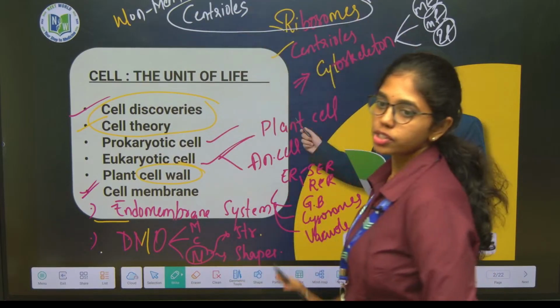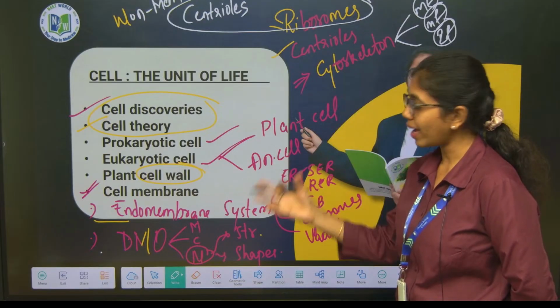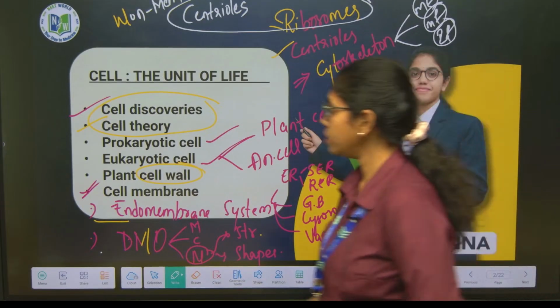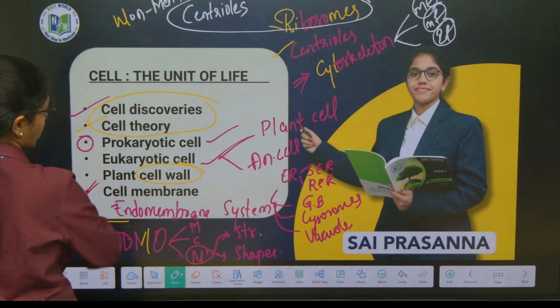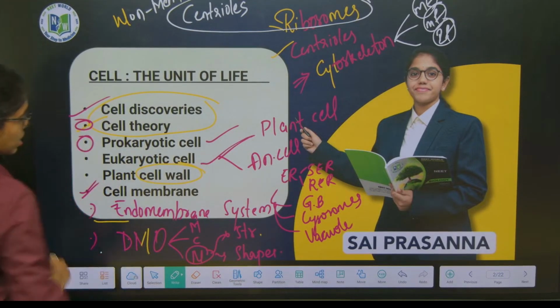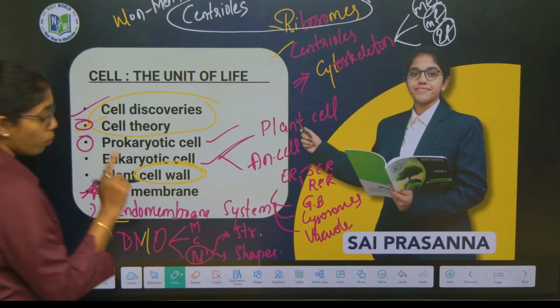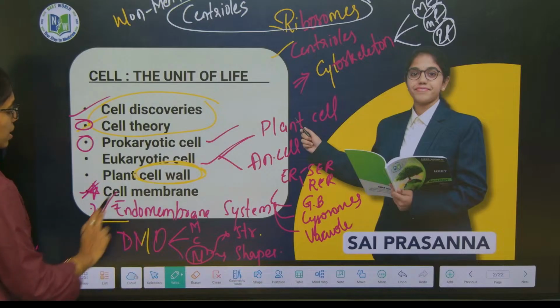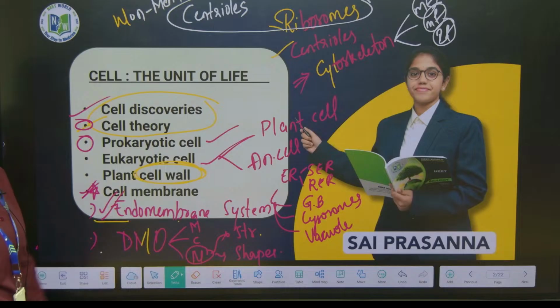Amongst all these concepts, the major hubs wherein you will get very frequent NEET previous year questions are prokaryotic cell, sometimes the cell theory and cell wall and cell membrane, and most importantly endomembrane system. Every alternate year definitely there will be a question on endomembrane system.